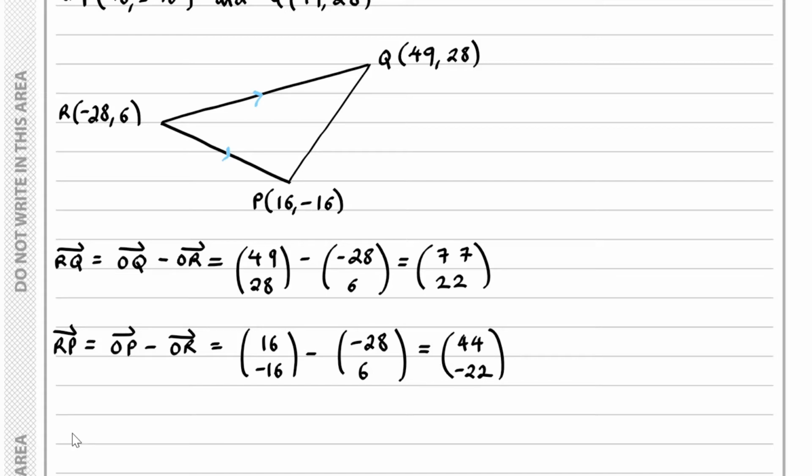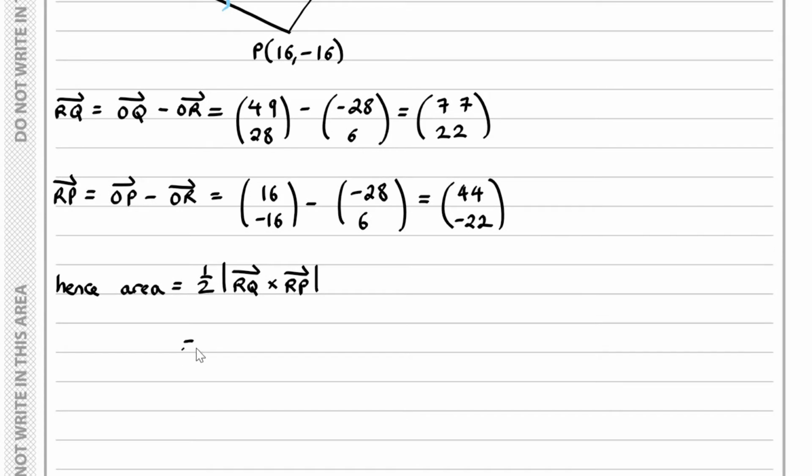Okay, so now multiplying these together, finding the magnitude and multiplying that by half, that will tell us that the area is equal to 1/2 times the magnitude of RQ times the magnitude of RP.